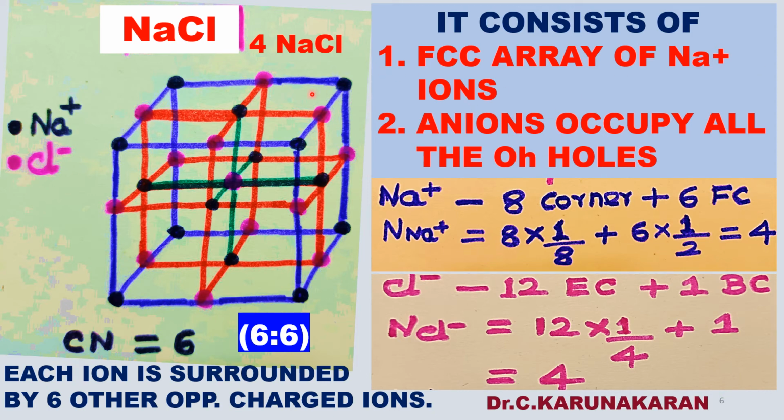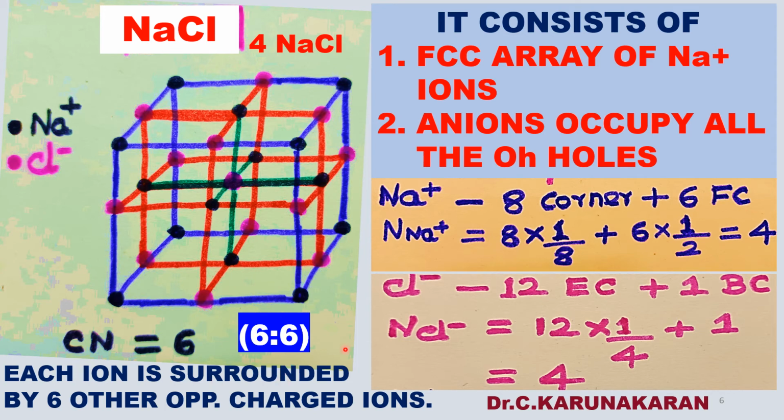Alternatively, if you consider the three-dimensional extension, the body center will become the edge center, and the edge center will become the face center. Alternatively, the crystal structure is considered to be an FCC array of Cl minus ions, and the cations occupy all the octahedral holes.